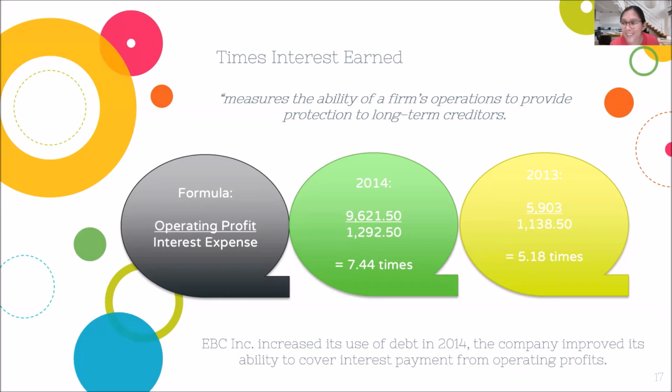But class, even though that happened because we incurred debts, of course it's natural that our interest will rise. But still, the performance of the company, the operating profits, have a higher times interest earned ratio, meaning it has a higher times that it can pay its interest as compared to last year. So even though we borrowed, it's okay, because we can pay it.